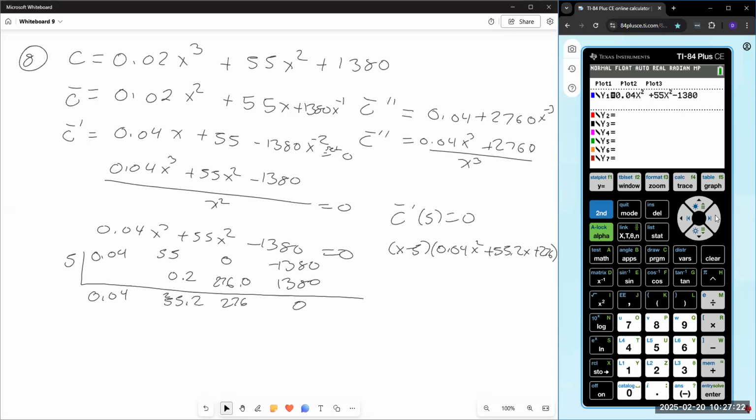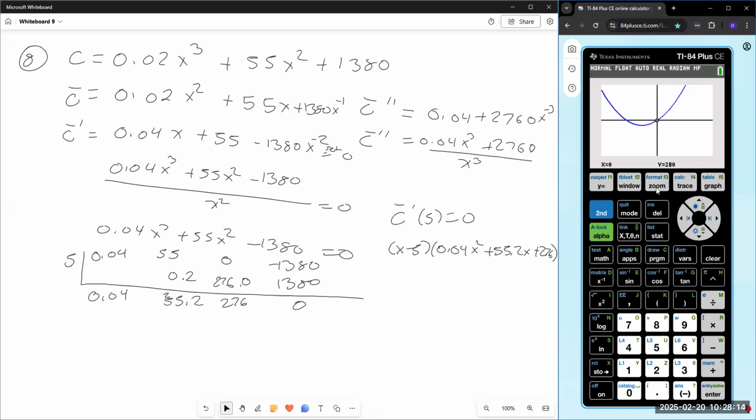0.04x squared plus 55.2x plus 276. Graph, zoom 0, and it looks like its vertex is to the left over here.